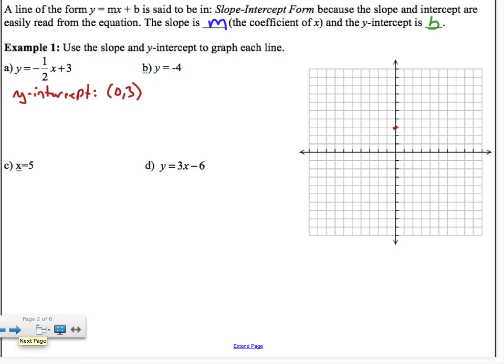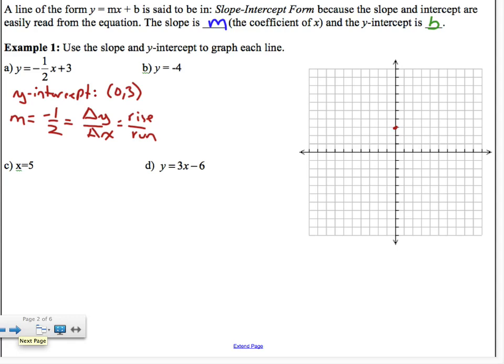Right, so graph this. And here, what's our slope? Negative 1/2. So that's the same as, remember, our delta y over delta x, which is the same as rise over run. All those things. So here, to get our next point from this one, we're going to go up or down?